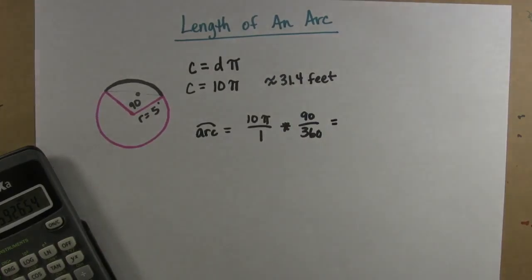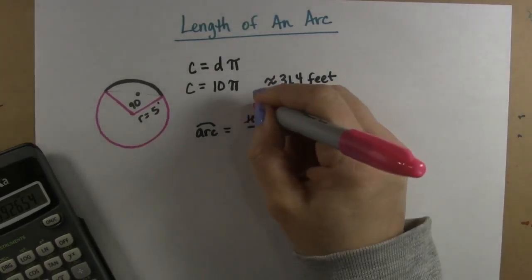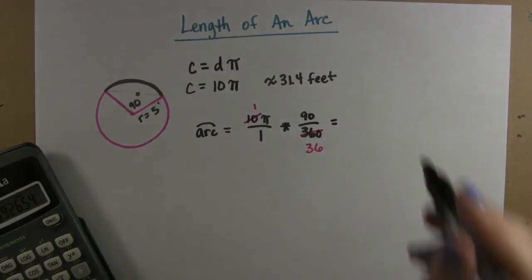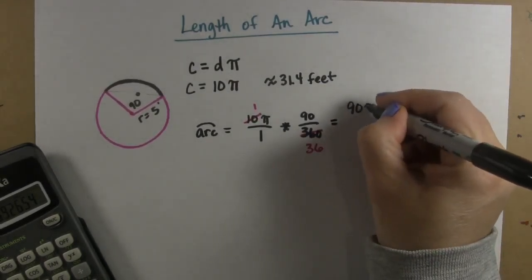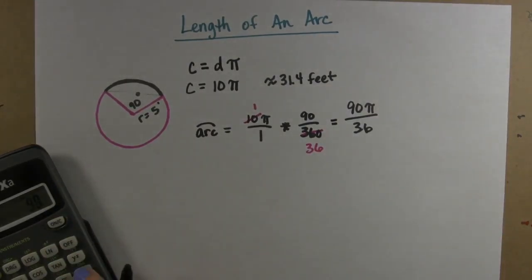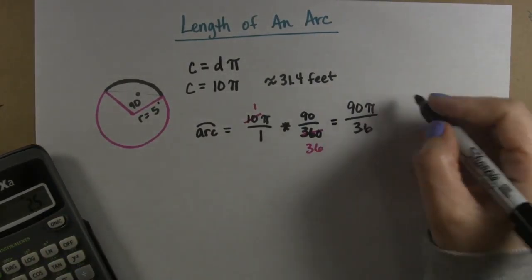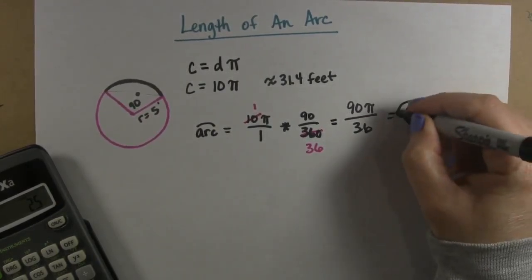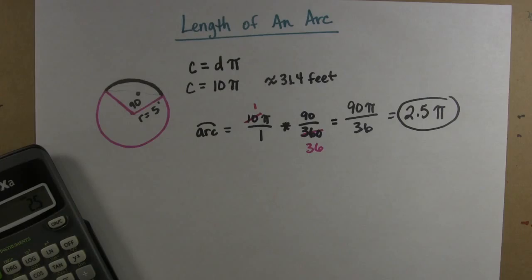So, again, I'm a big fan of canceling when possible, and it's just too easy not to in this case. So I get 90 pi over 36, and if I do 90 divided by 36, I get 2.5 pi, which is a pretty nice number.